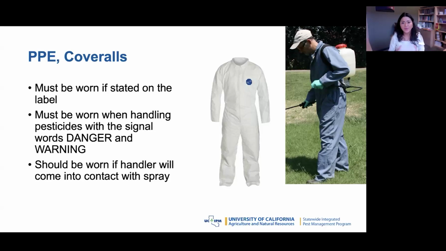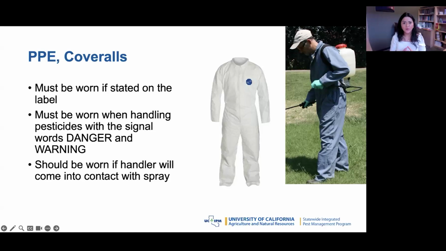Typically for landscape professionals or in some agricultural settings, this may be the case. And then I'm going to be providing some specific examples later on how it might be applicable for a home resident, but as long as you're wearing long pants and long sleeves, you're already covering yourself for those ready-to-use products.